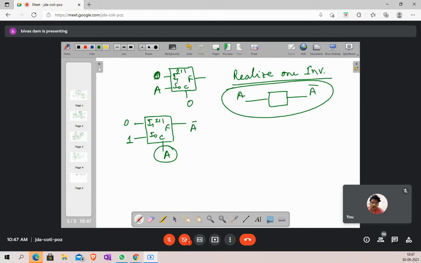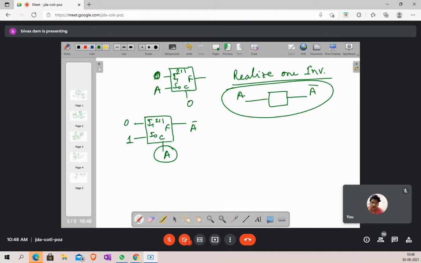But what is my final output requirement under this condition? 1. So you connect that 1 to I0, so that whenever A is 0, C becomes 0, I0 gets connected to the output, and this 1 gets transferred to the output.